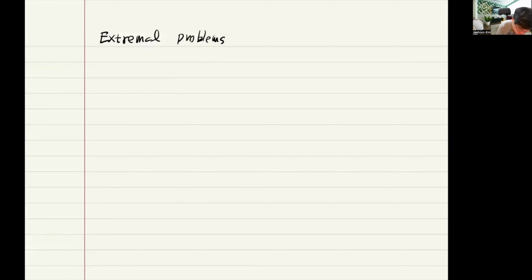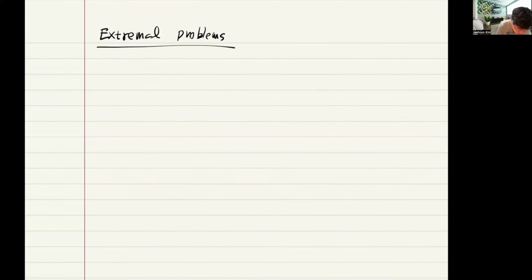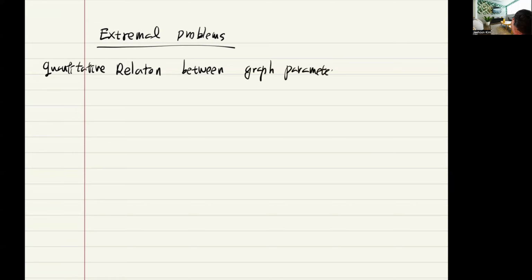So now we are going to talk about extremal problems. We have seen some examples of extremal problems before. What are the extremal problems? Essentially, this is about the relations, more of a quantitative relation, between graph parameter and structure.